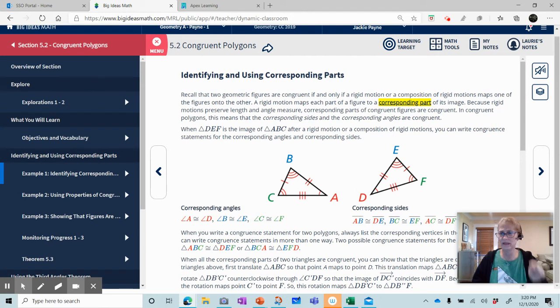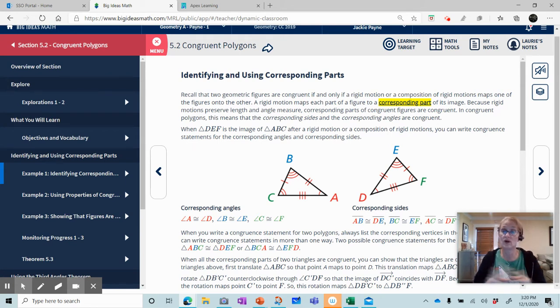If and only if you can do a rigid motion or a composition of rigid motions so that one figure is mapped onto the other, that's what we would call congruent. So that was from chapter 4. Now, if they are congruent, then each part, whether it's a side or an angle or a point or a vertex or whatever, that is in the same location on the other one is equal or congruent.